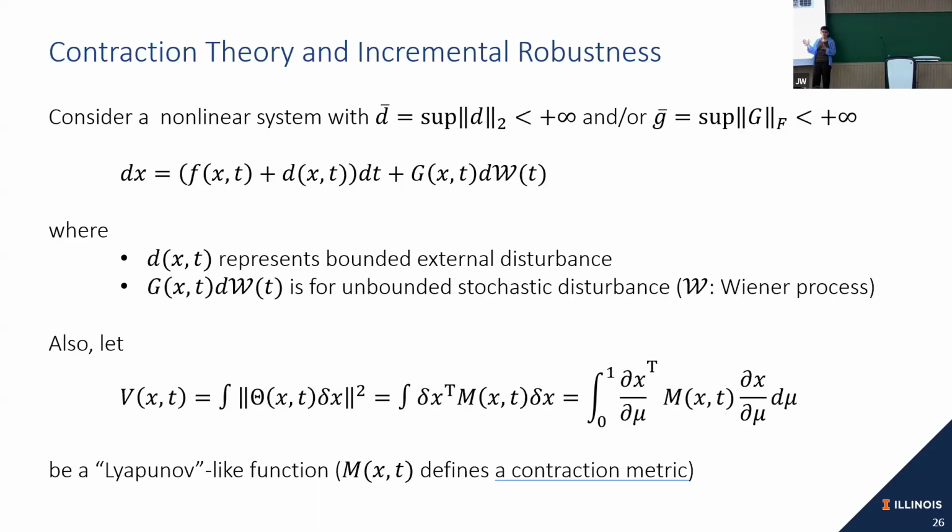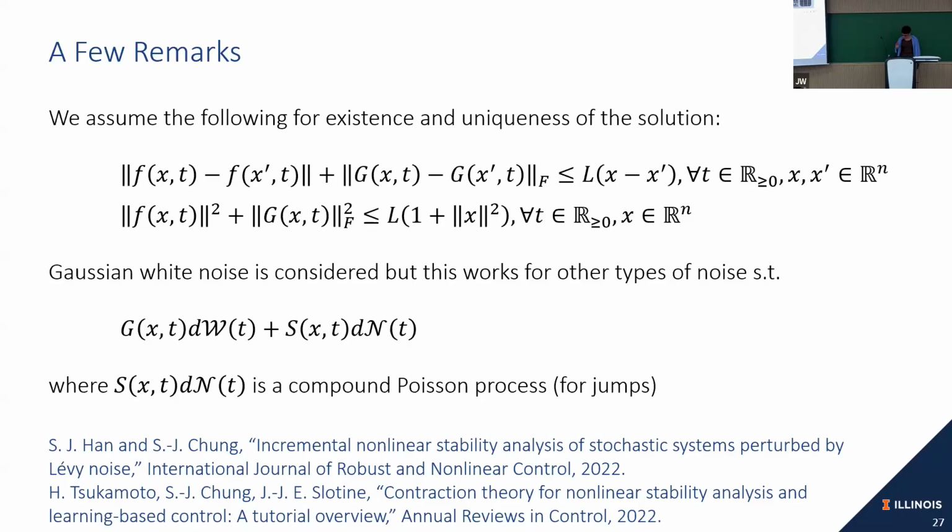Let's change the problem of finding V to the problem of finding a matrix. This is just a regularity condition so that we know that the solution exists. The details are not important, and this is actually what Sujin did, but we can also consider other types of disturbances for a more general treatment of this analysis.